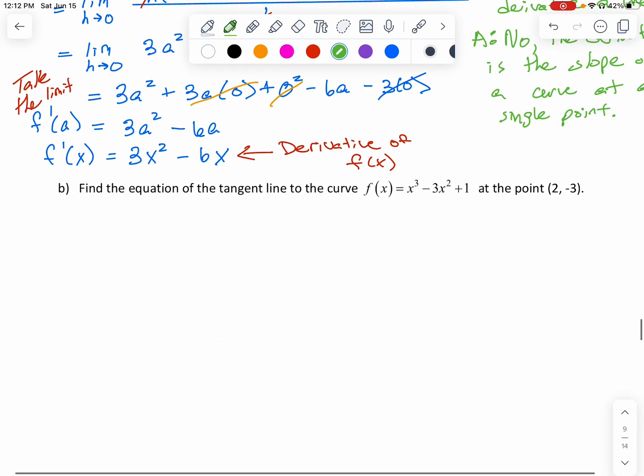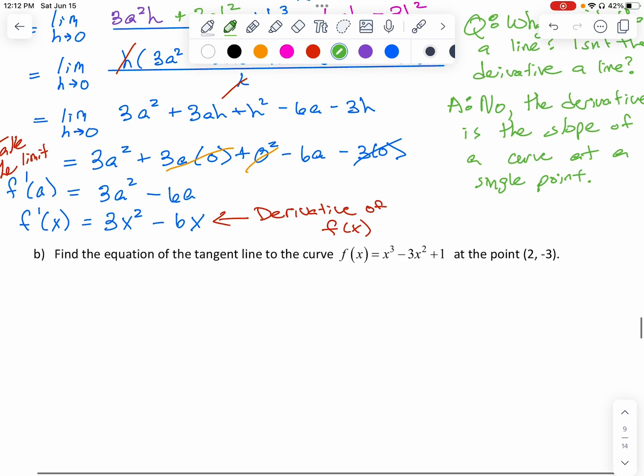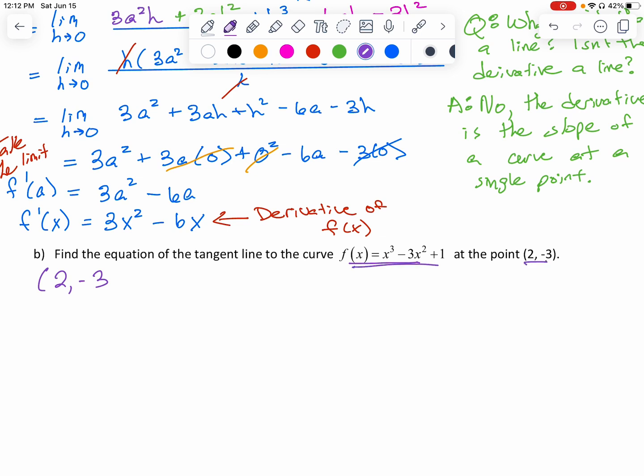So to find the equation of a line, I need a point, which I have as 2, -3, because I've been asked to find the tangent line at this point. So my point is 2, -3. And the other thing I need to make my equation of a line is the slope.